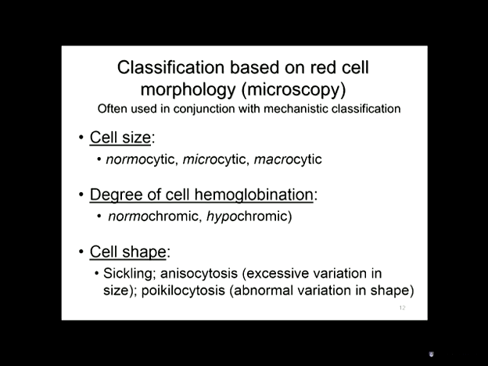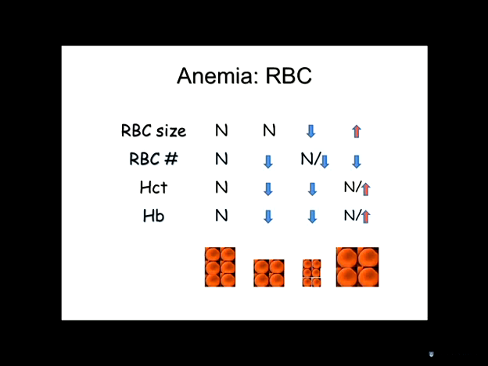So remember the red cell distribution width, that parameter that you can find on a typical blood report, would be higher than normal because the cells vary in size excessively. And poikilocytosis will indicate that the cells vary in shape a lot. So they're not all nice and round biconcave cells, but some are oval and long, and some bizarre shapes as well. Okay, so those are terms that are important to know.